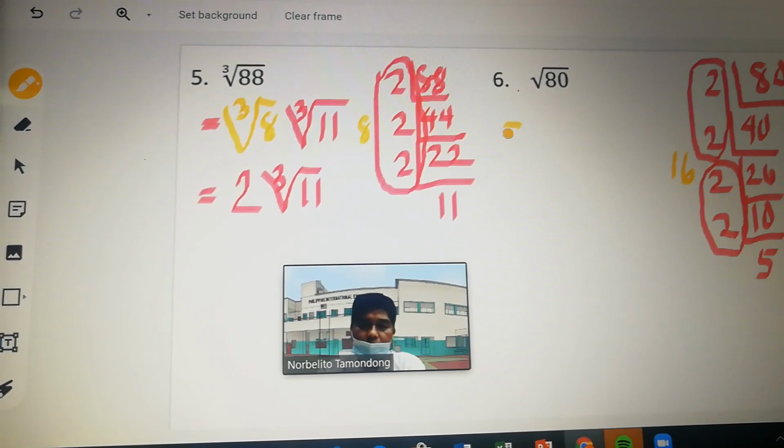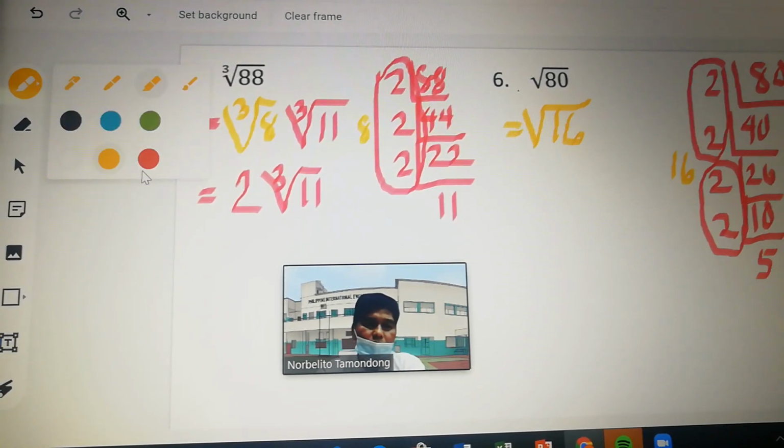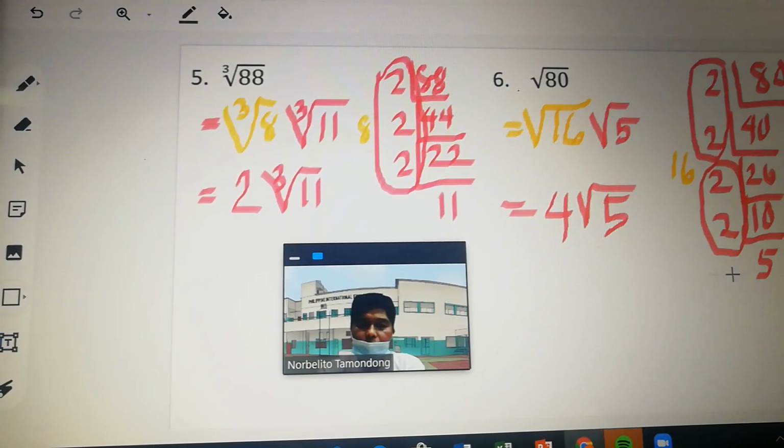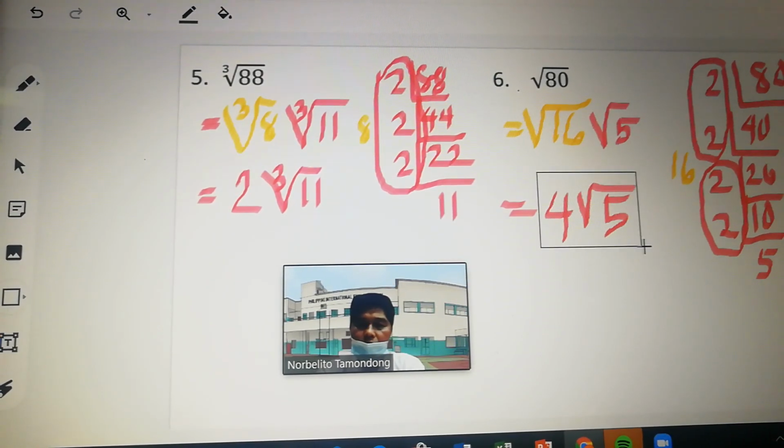So this is now equal to square root of 16 times square root of 5. Okay, simplify the square root of 16. That is equal to 4 square root of 5. So that is now the simplified form of square root of 80.